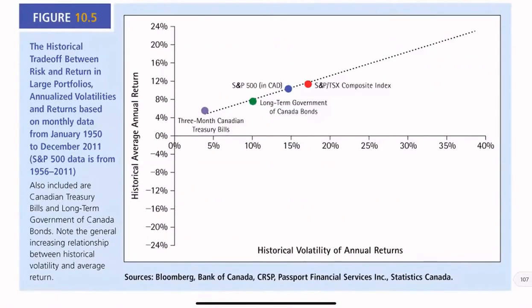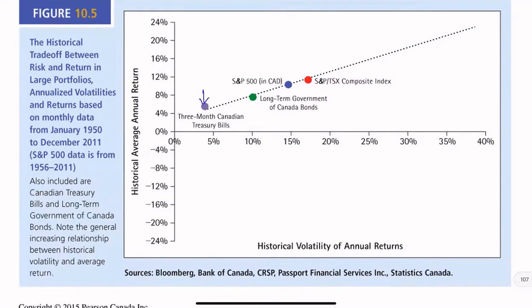We can look at the relationship between return and volatility for these four different portfolios. The first one is the T-bills. The second one is the long-term bond. This is the US market. This is the Canadian stock market. What you can see here is a positive relationship between return and volatility for these four portfolios.